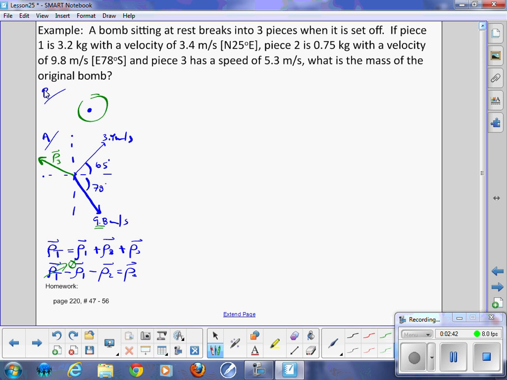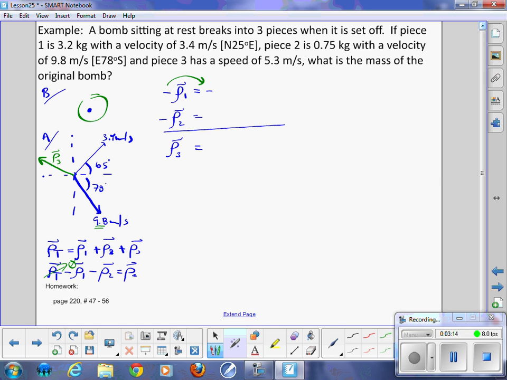So we are going to have negative momentum 1 minus momentum 2 equal to the momentum of the third piece. For that first vector, both the x and y components are going to be positive, so I'm already going to incorporate that negative in, distributing it so both components are negative.